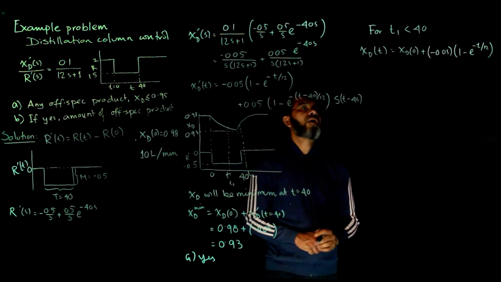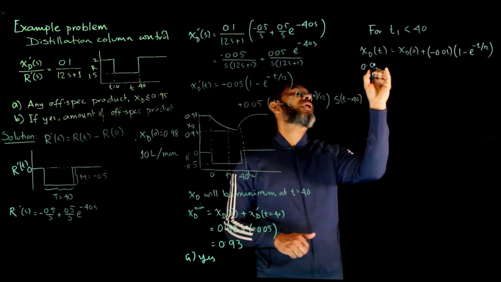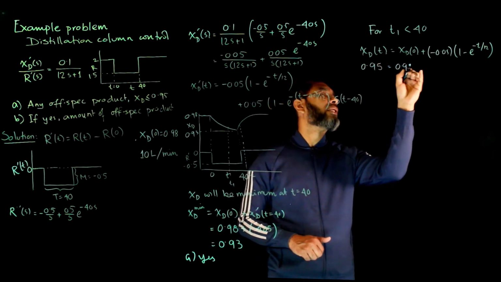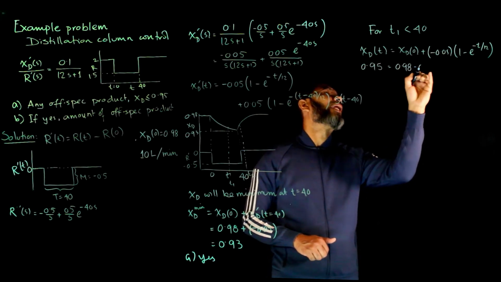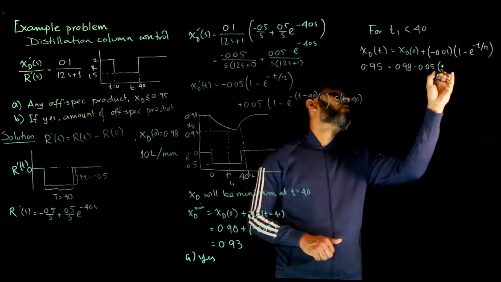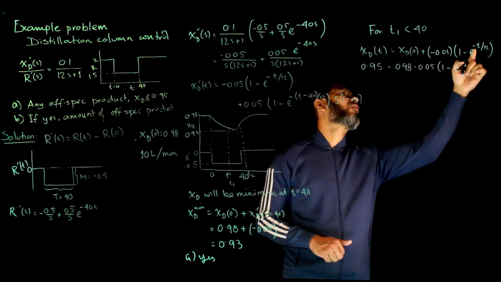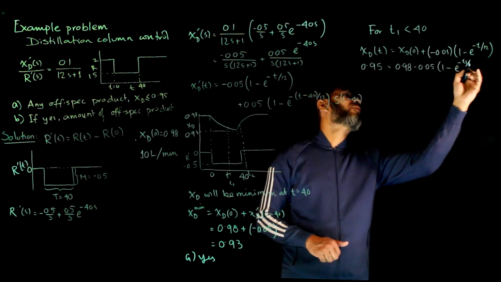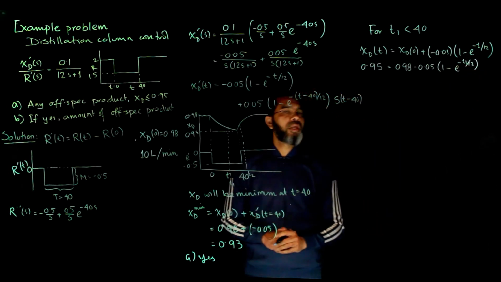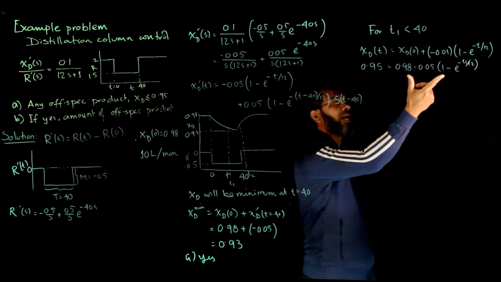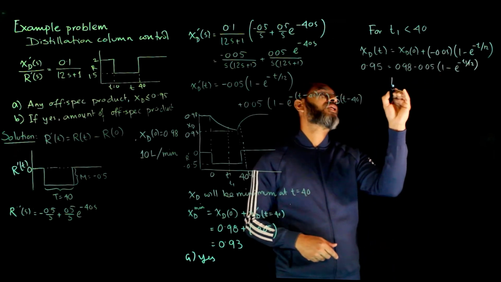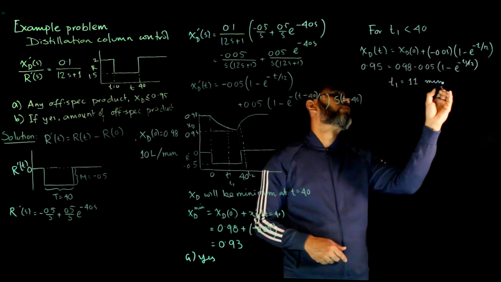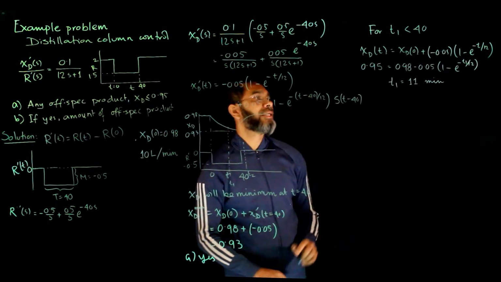Now know that this is our 0.95 we are trying to find out. This is our 0.98, sorry, xd naught, negative 0.05, 1 minus e to the power negative t1 over 12, where we are assuming at t1 it will be 0.95. We have seen how to solve this part, and if we do this, you'll find t1 to be 11 minutes.